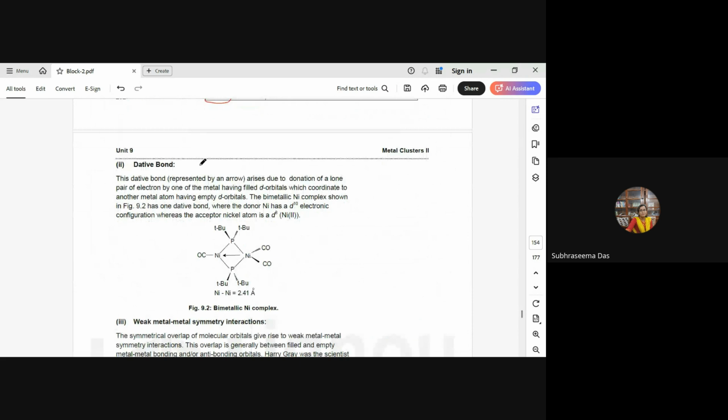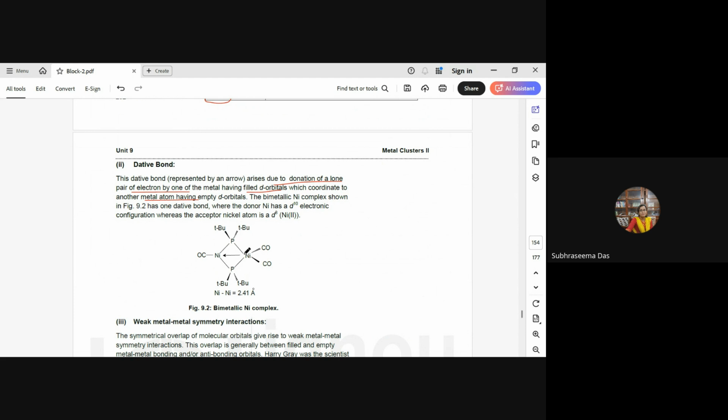Then coming to the dative bond. A dative bond, we know, is represented by an arrow. It arises due to the donation of a lone pair of electrons from one metal which has filled orbitals, and that can coordinate to another metal atom that has an empty d orbital. For example, here we have shown a bimetallic nickel complex.